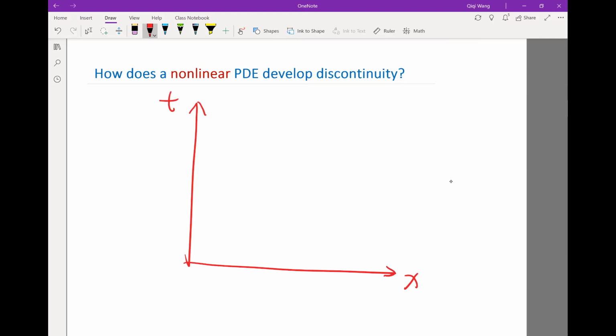In particular, let's imagine we are solving a case where all the characteristic speed is positive. Do you remember, when the characteristic speed is positive, how would the contours of the solution go?